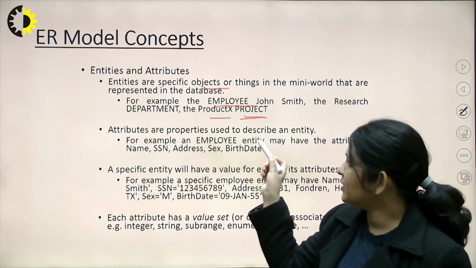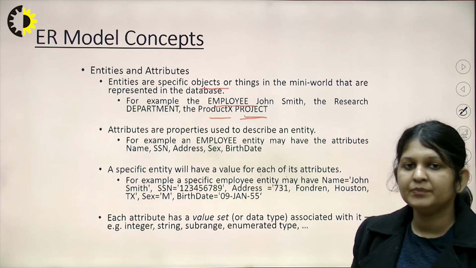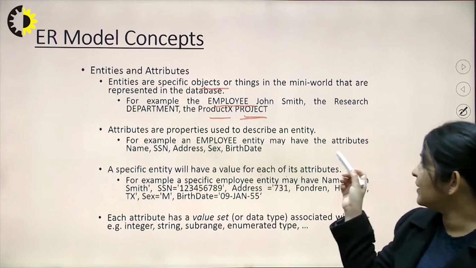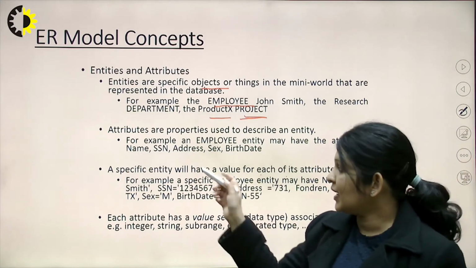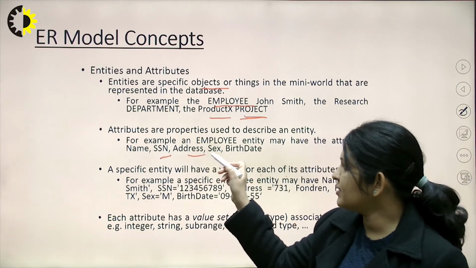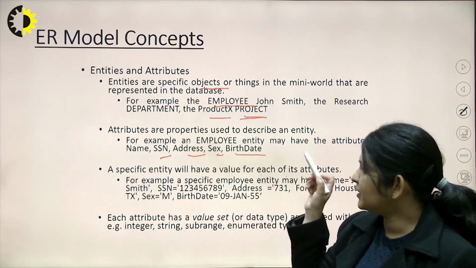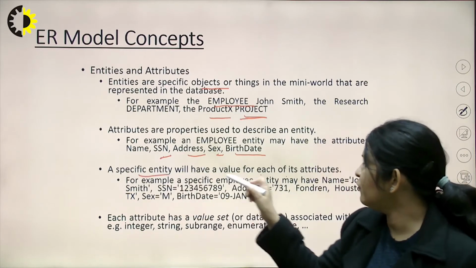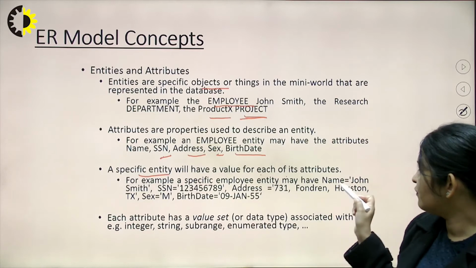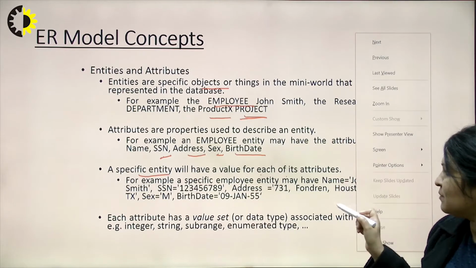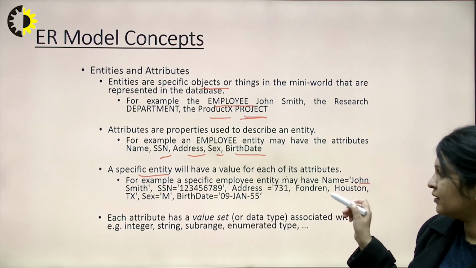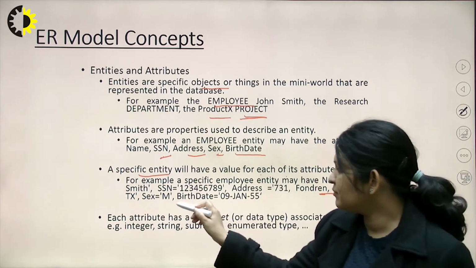Attributes are the properties which are used to describe the entities. For example, the employee entity may have the attributes name, SSN number, address, sex and the birth date. This is the specific entity which has the following values, that is, for a particular employee John Smith, we have the SSN number, address and birth date.